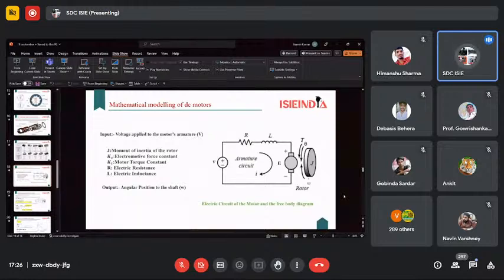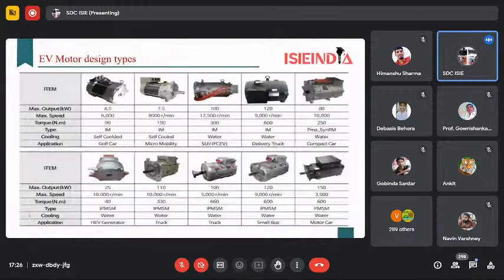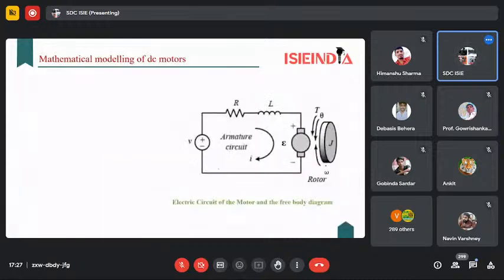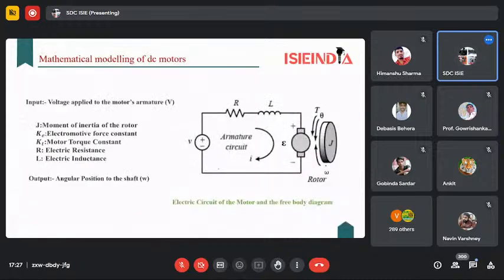Okay, so here we can see, starting with this, these represent the inductance and resistance of the coils of the motor, where L and R represent the inductance and resistance of the coil of the motor, and V in provides the input power supply.